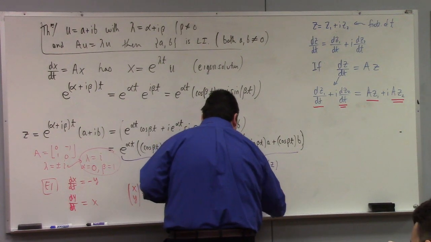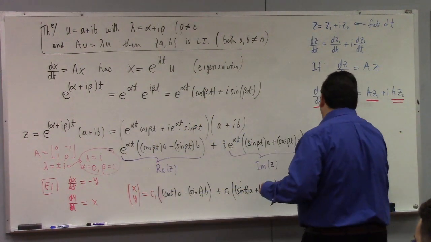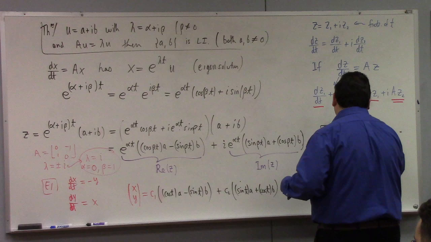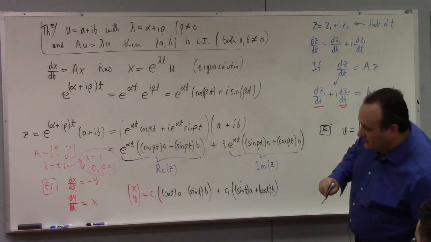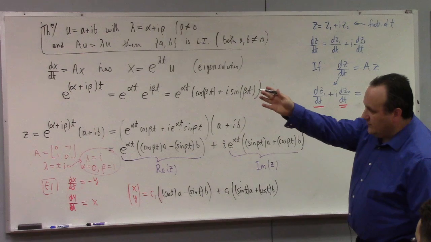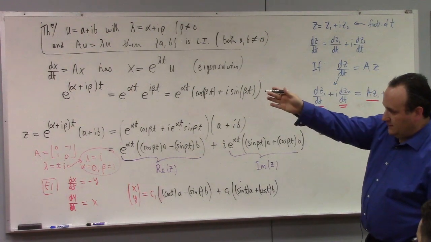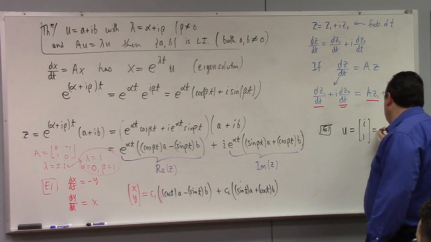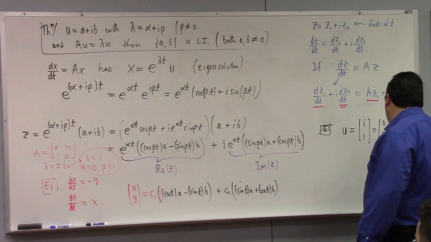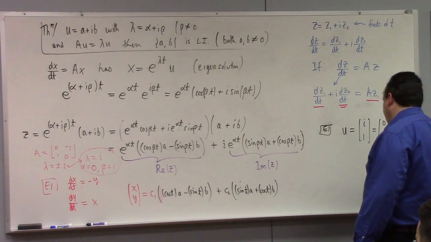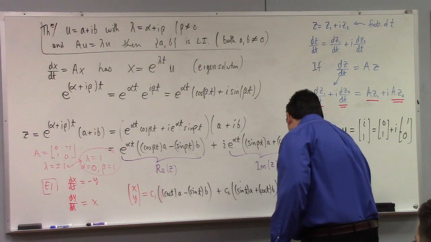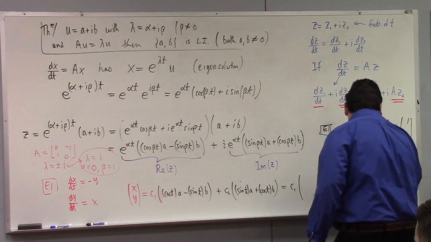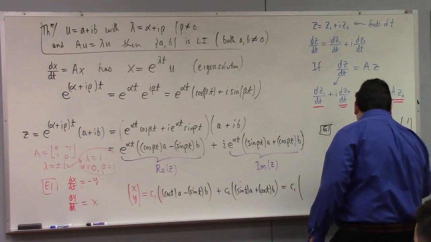Now the question is, what are the a and the b? For example 1, your u was, well, we chose it to be 1, i. So you can rewrite that as 0, 1 plus i times 1, 0. So what we've got here is c1 times, well, a is 0, 1, so this is my a, this is my b.